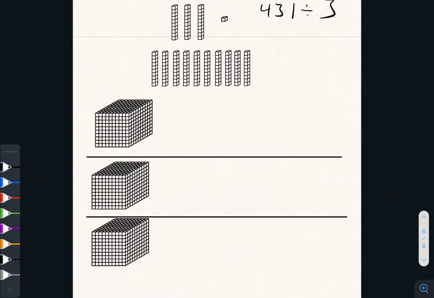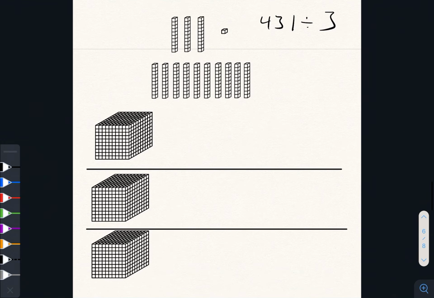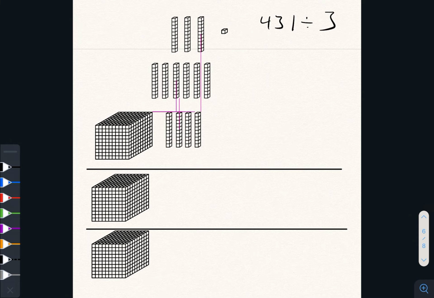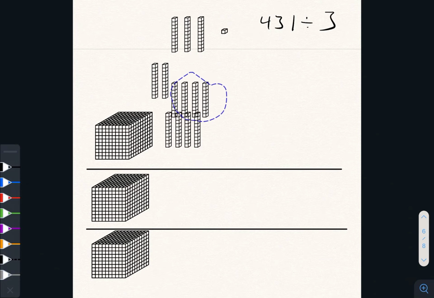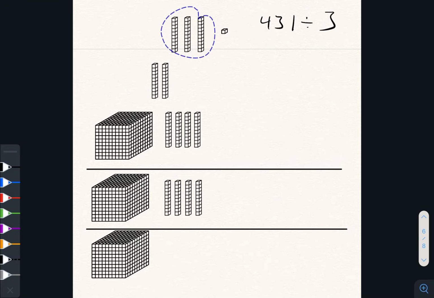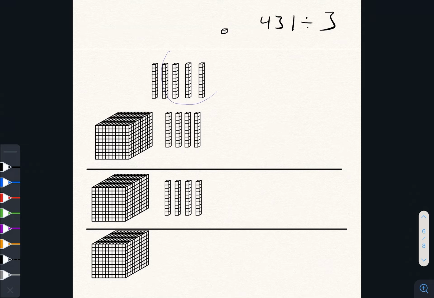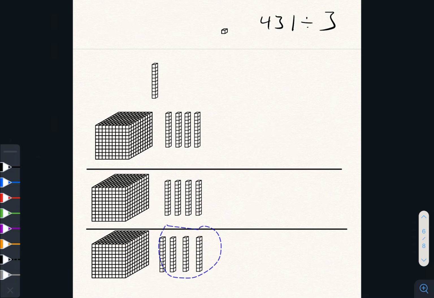How many do I have right here? I have 13 tens. So if I'm dividing 13 tens among 3 equal groups, each group is going to get 4 of these tens. Okay, and then I'll have 1 left over.